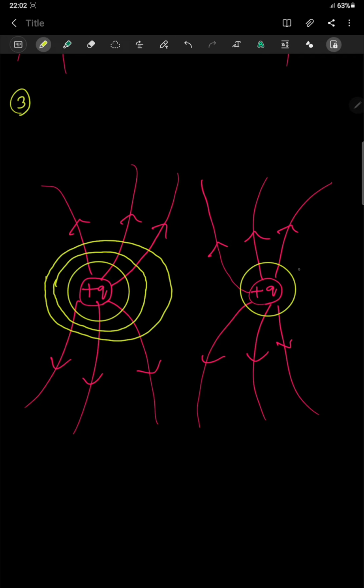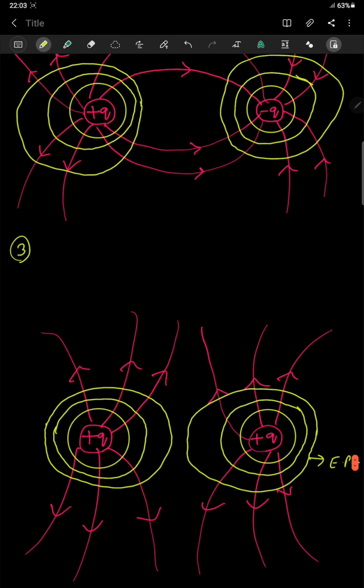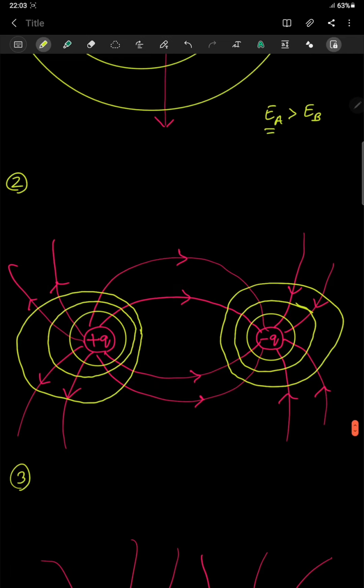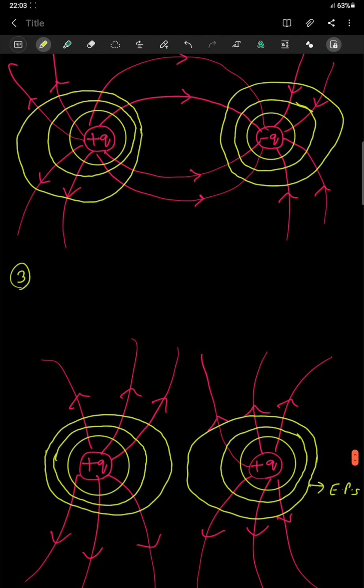Let us do for the other side also. Here this side will be closer, but this side will be farther. Okay, understood? So this is how the equipotential surface will be. So everywhere the yellow color represents the equipotential surfaces, whereas the red or pink color represents your electric field lines. Okay, this is the third case.